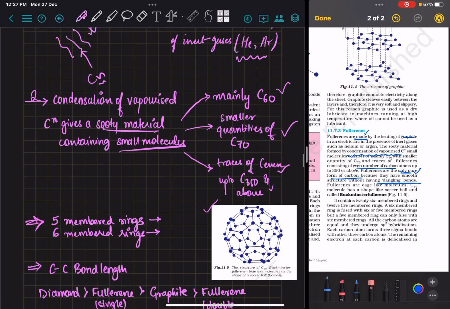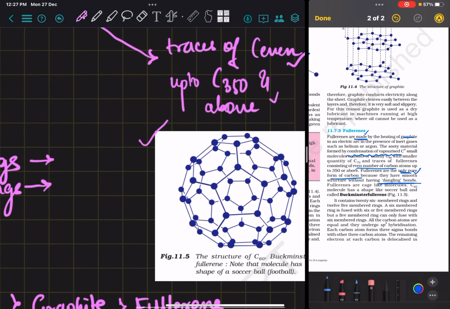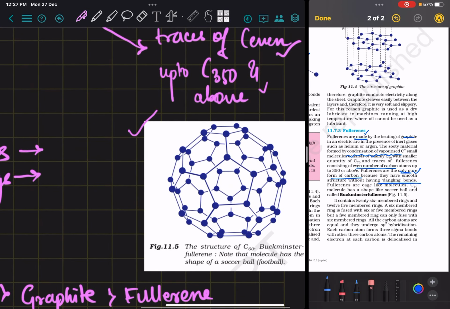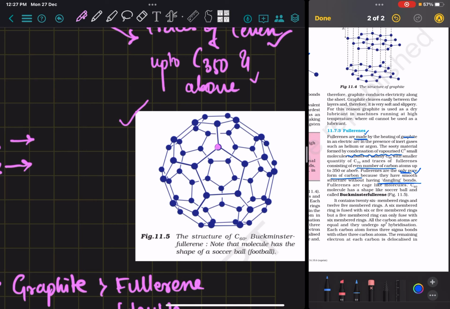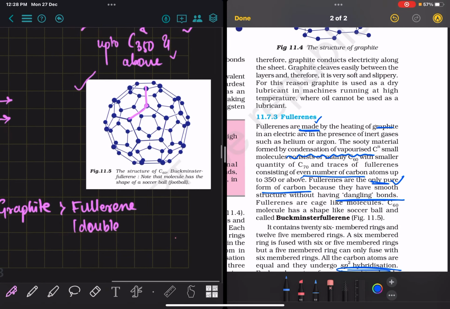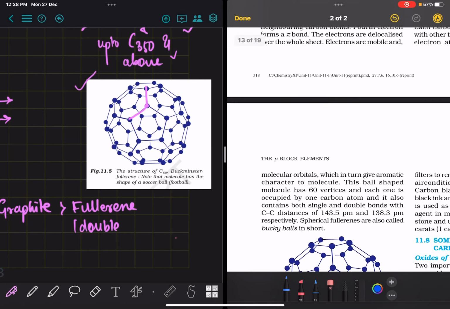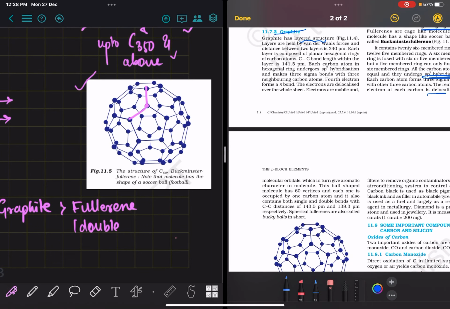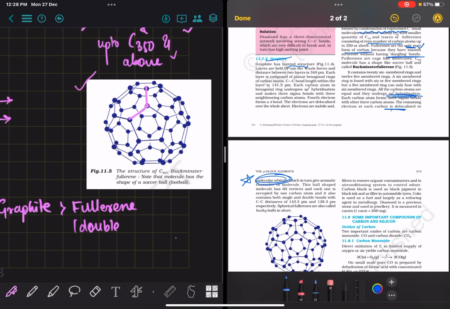Now we get into the details of the C60 fullerene. First thing about this is that each carbon is sp2 hybridized, as we see here. So there are 3 sigma bonds with the 3 other carbon atoms, and the remaining 4th electron is delocalized in molecular orbitals, which is a very important line, because when you read it in graphite, the 4th electron is delocalized over the whole sheet.